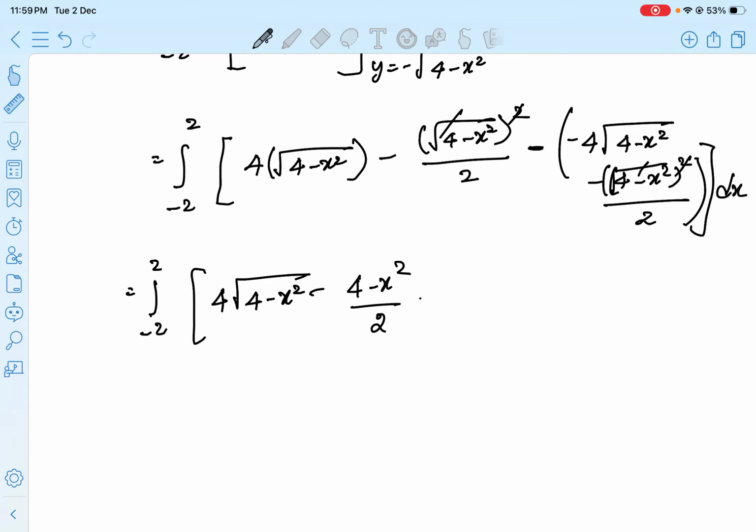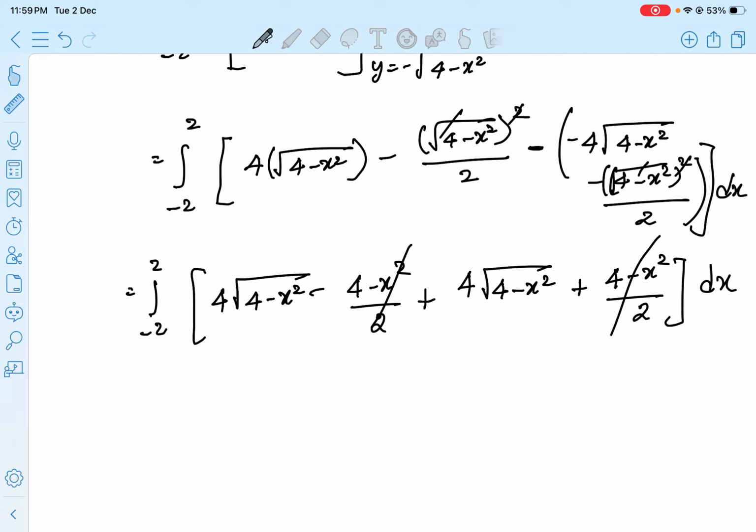Minus, and one more minus is there, so it will become plus 4 root of 4 minus x square. Here also there is minus, here also one minus, so we can write it as plus 4 minus x square by 2 into dx. So this can be cancelled. This is minus, this is plus.